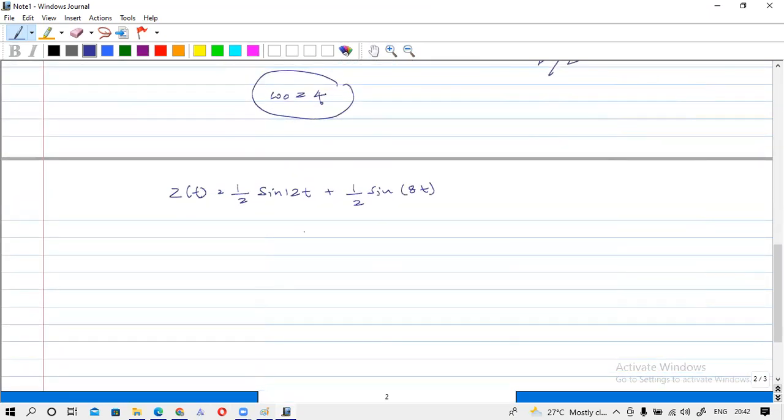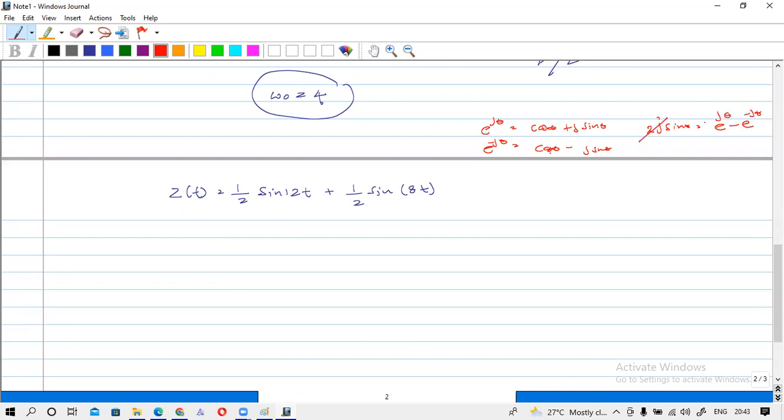So using the Euler formula, you know that e^(jθ) is equal to cos θ plus j sin θ, and e^(-jθ) is equal to cos θ minus j sin θ. If I subtract this one from this one, the cos θ terms will cancel out, and I will get 2j sin θ, that is e^(jθ) minus e^(-jθ).